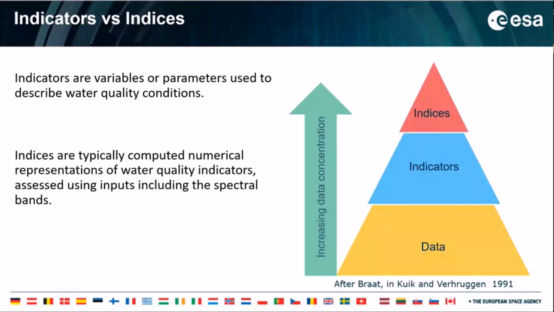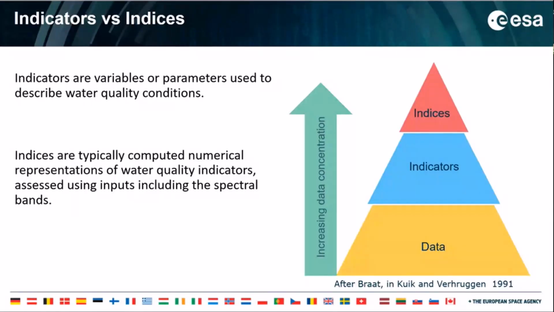So after we have done atmospheric correction, we have the data themselves, and there is always a confusion between indicator and indices. Indicators normally are those variables or parameters that are used to describe the water quality condition.